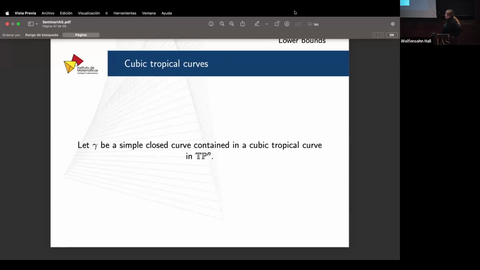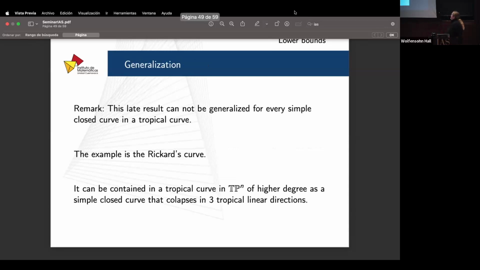And we have a simple closed curve in a cubic curve in TP^n. This simple closed curve will collapse in at most two linear tropical projections. Then it survives in many of the others. And with this remark... this is not the case in general.